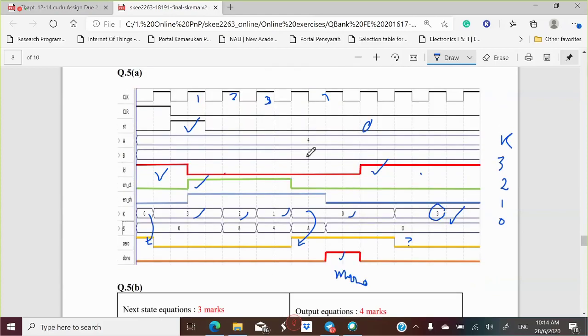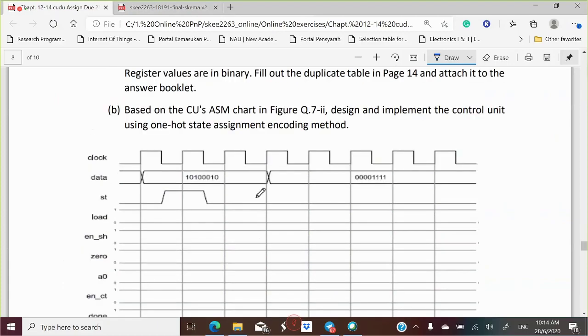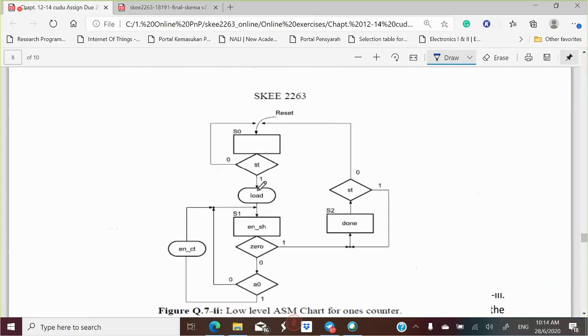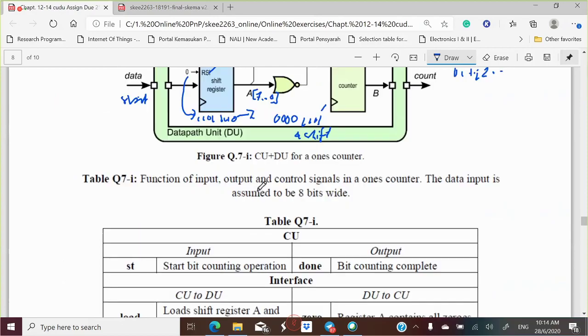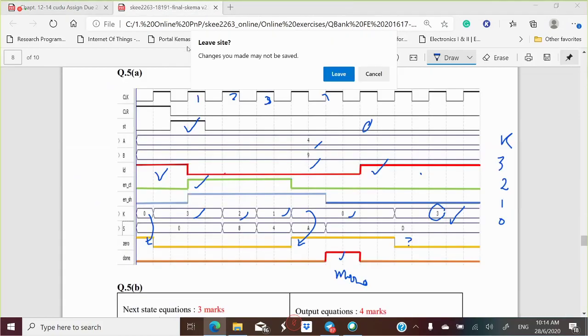This is for 4 plus 9, right? The one that we were doing is the ones counter. Let's see the question. Oh, 2017-18. No, this is 18-19. Let me delete. What happened?